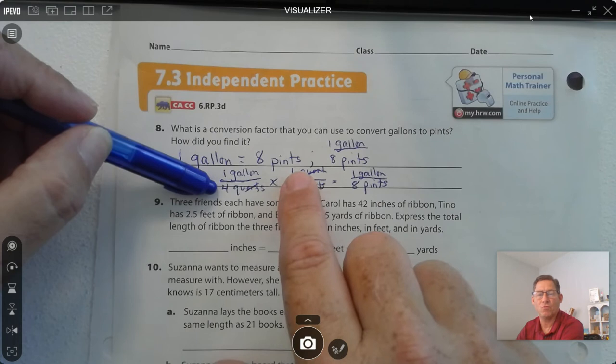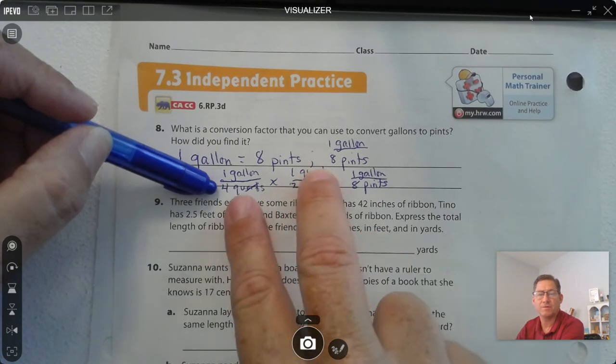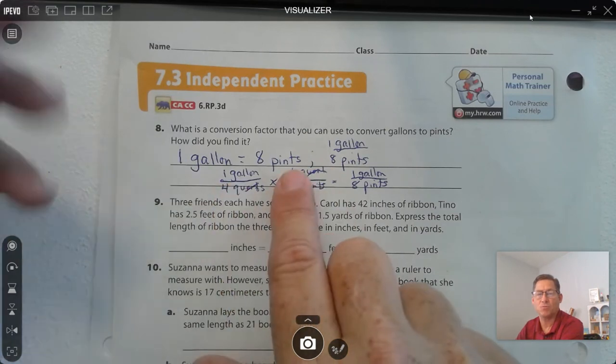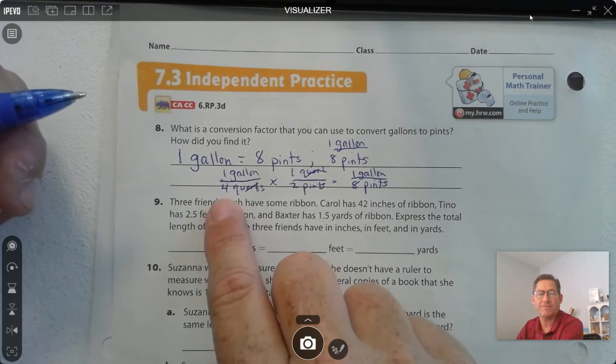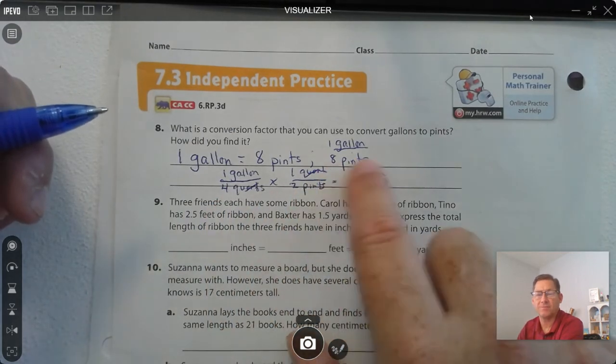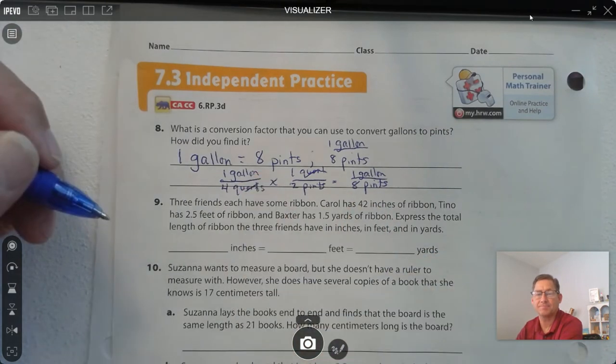And then if we say 1 quart, well, that's 2 pints, right? Well, we could divide out the quarts, and that would leave us 1 gallon times 1, which is 1 gallon, and 4 times 2 pints would be 8 pints. So the conversion factor could be 1 gallon is to 8 pints.